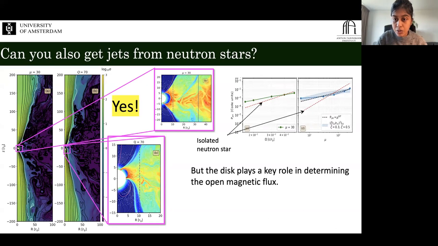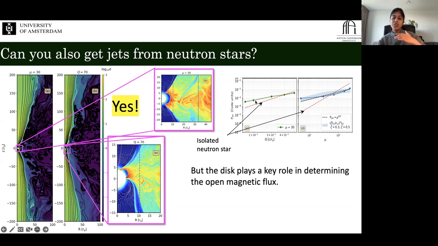So this is how the jet power looks as a function of the angular frequency of the star and the stellar magnetic field strength. The green line with dots is showing you the output from the simulations, and the solid red line is showing you the isolated pulsar power scaling.